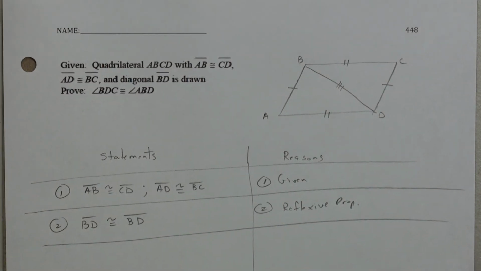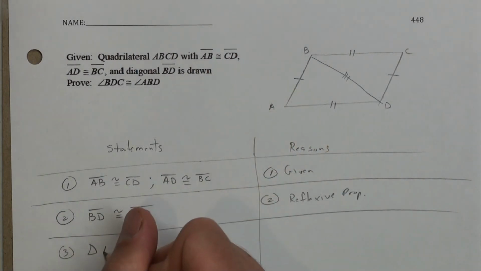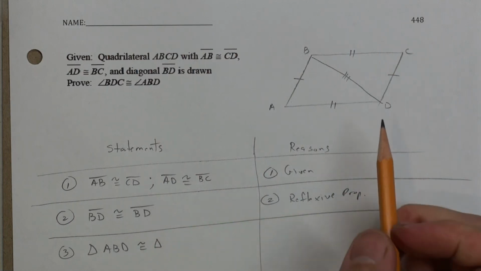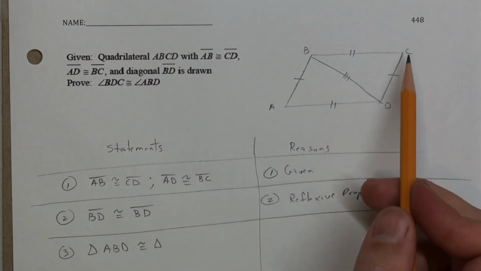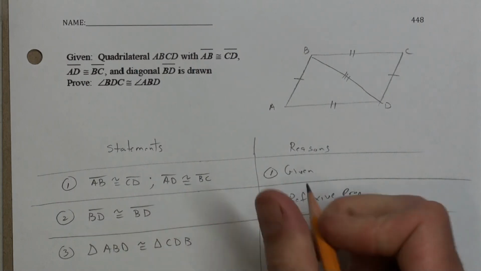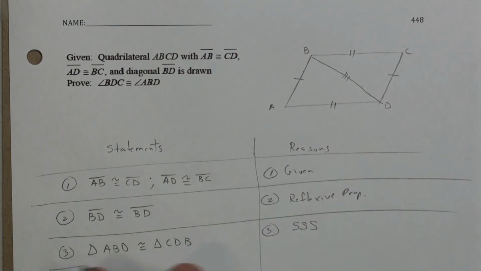Okay. Now we can say triangle ABD is congruent to triangle CDB because of side, side, side.